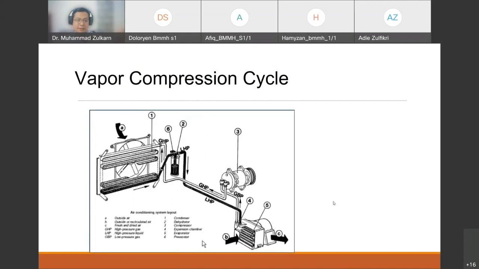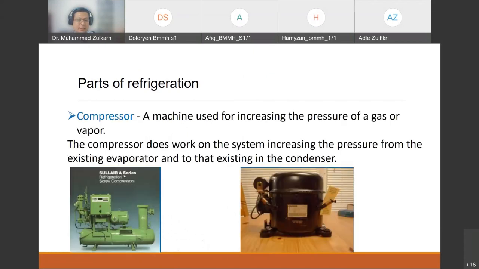Four, sorry, not five. Okay, this is the biggest type of compressor, the green one. This one is small. The small one is commonly used whether in the aircon system, in the split system, or the refrigerator like the fridge.